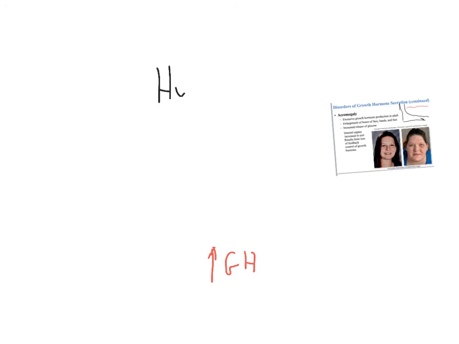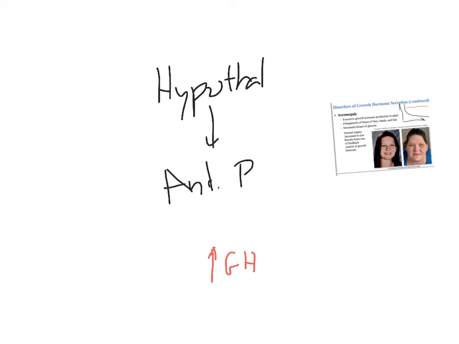We have to have the hypothalamus, right? And what else? Where does growth hormone come from? So the anterior pituitary, and this is chicken scratch, I'm sorry. But anterior pituitary. So high growth hormone is going to feed back to what? What comes from the hypothalamus?